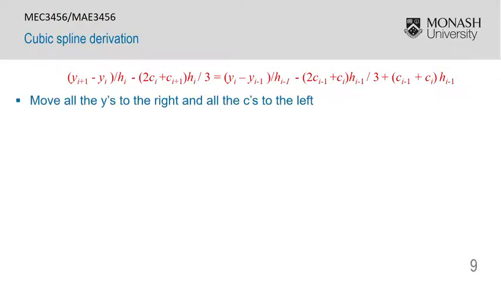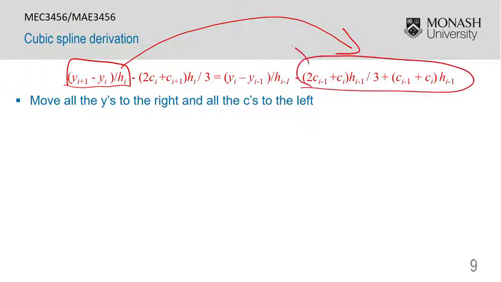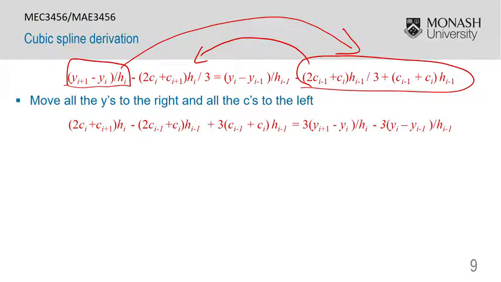The idea now is to move all the terms involving y to the right hand side and all terms involving c to the left hand side. If we do that, we get that expression there.